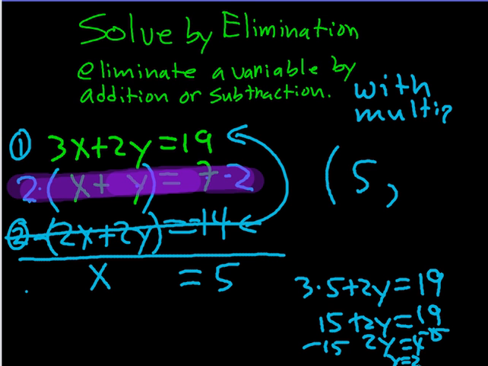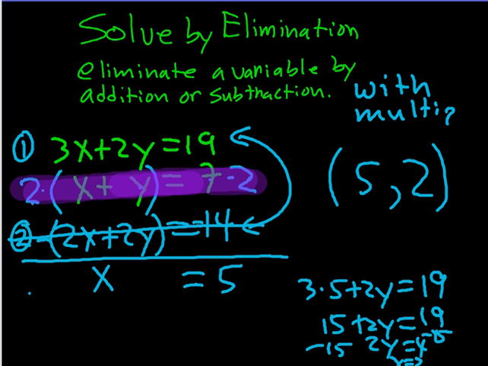I can check that in my original second equation, which was x plus y equals 7. And I've got 5 and 2. 5 plus 2 equals 7. So it checks out.